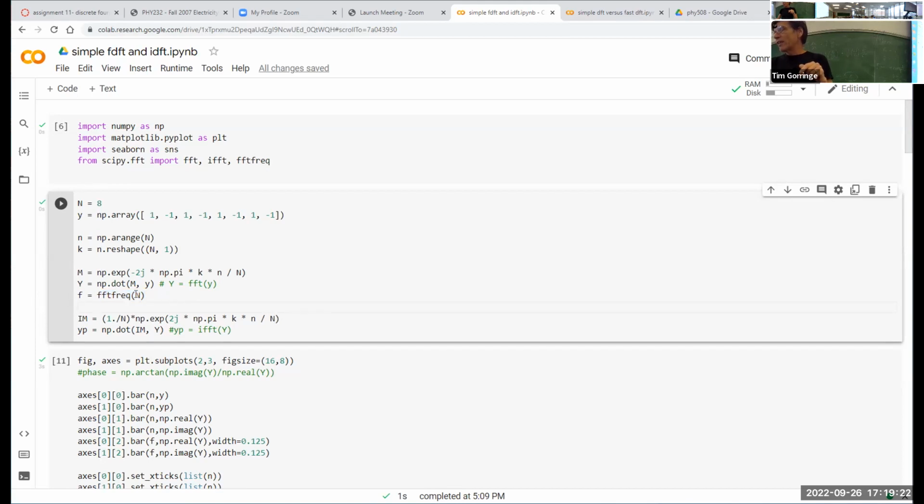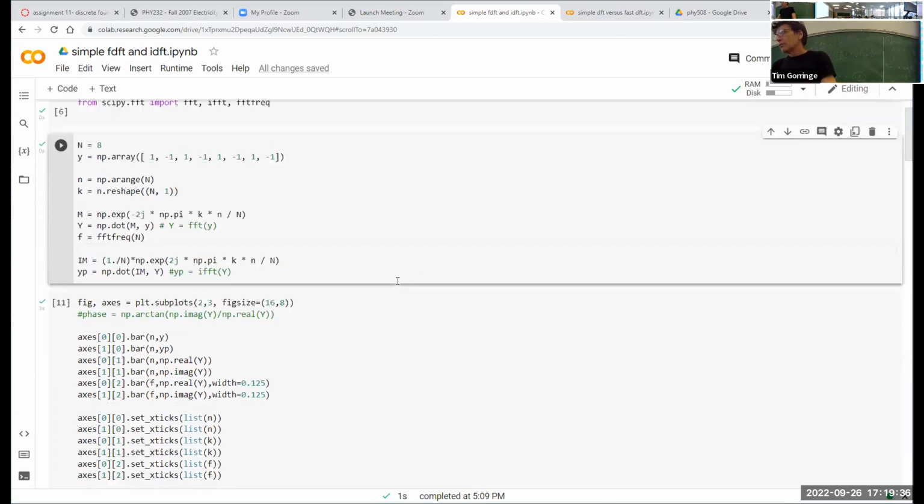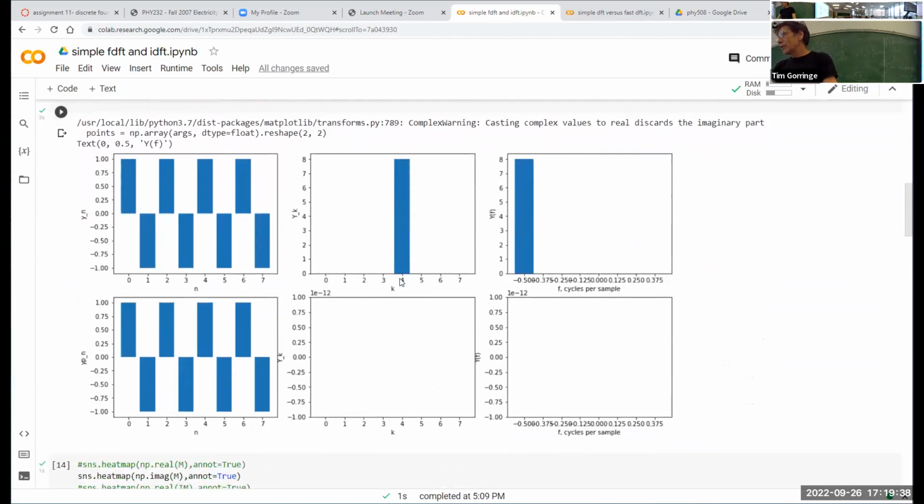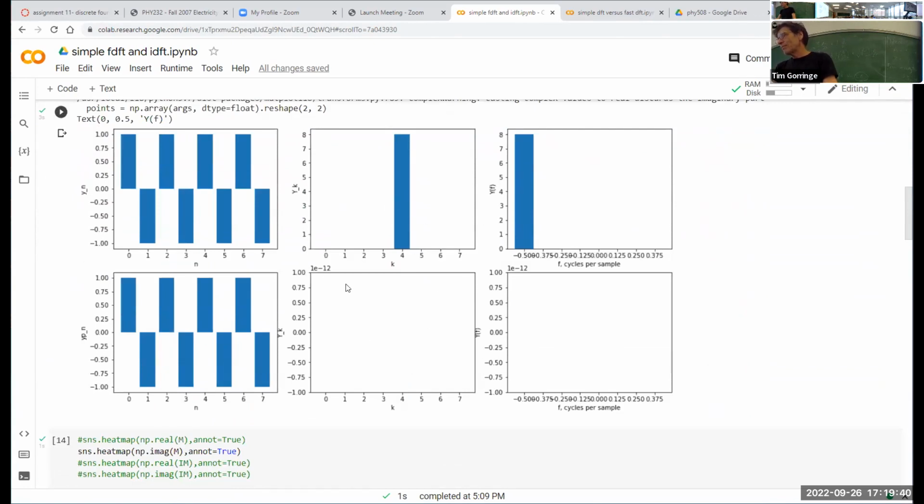You have to give it the number of data points that you've collected, but then it creates an array that has the same size as the number of data points, but now this array is in frequency. I think by not very clearly explaining this, I made it a little difficult sometimes to interpret when you're plotting it versus index.